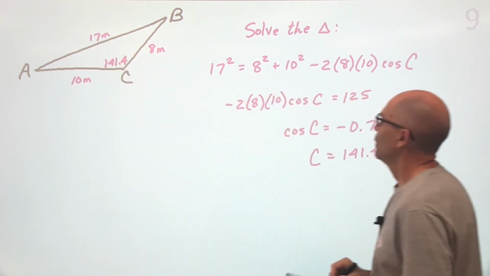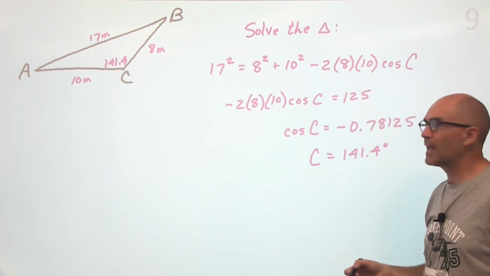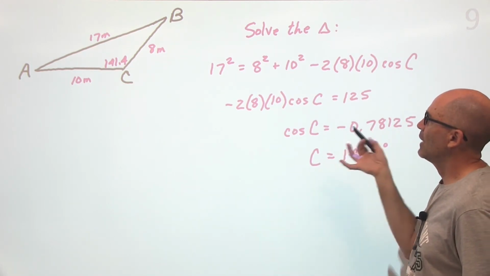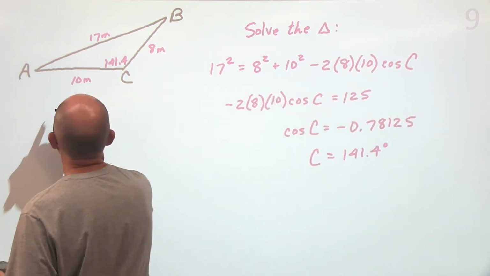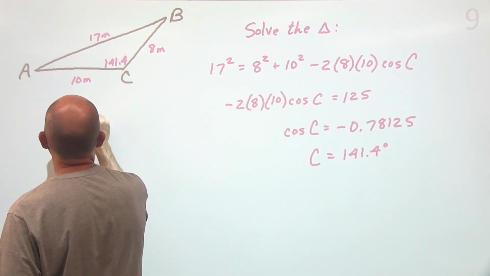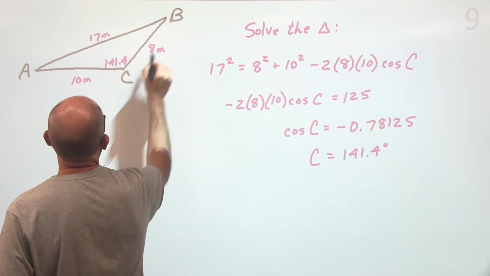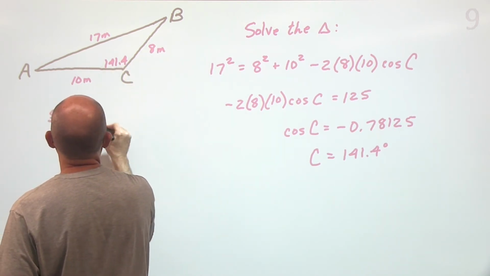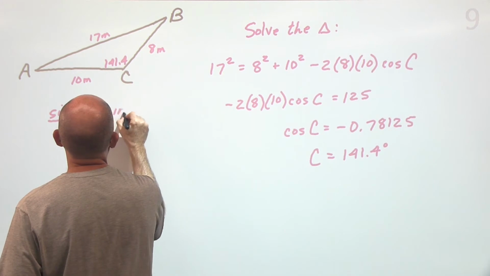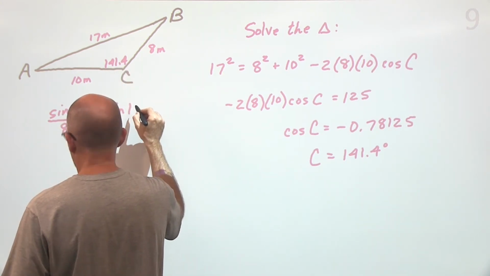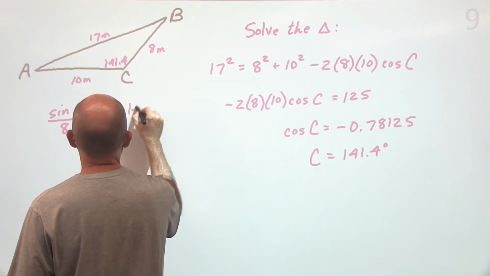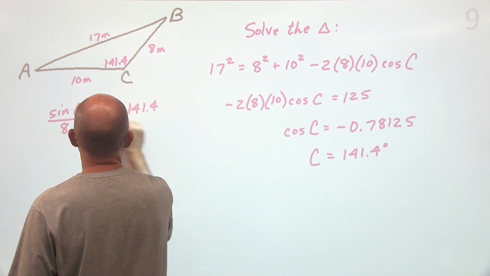Now what I do is go back to the law of sines to get angle A or B. So let's try angle A. So I'm going to go sine of A over 8 equals sine of 141.4, which I have in my calculator, over 17.